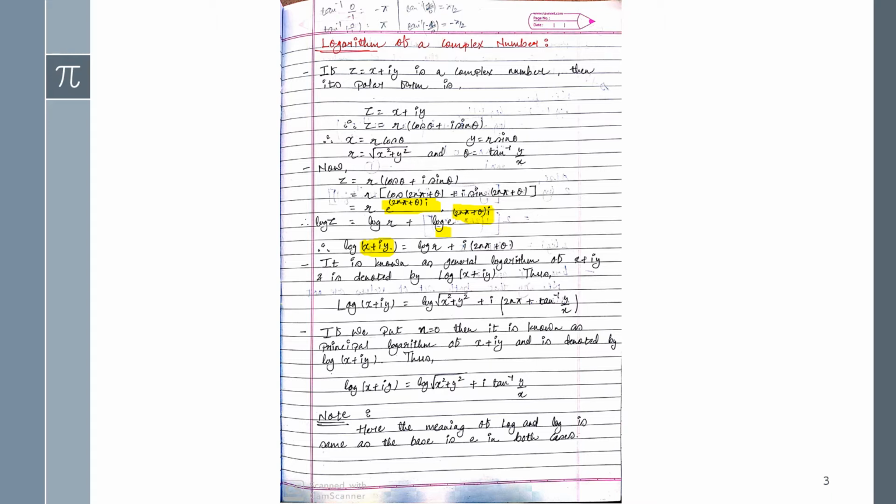So actually we can write log of (x + iy) equals log r, where we already have the value of r, so I am putting r equals under root x² + y², plus i(2nπ + θ), here 2nπ as it is. In place of θ, of course, we can apply θ equals tan inverse y upon x. So this formula is known as the general solution of the logarithmic function.